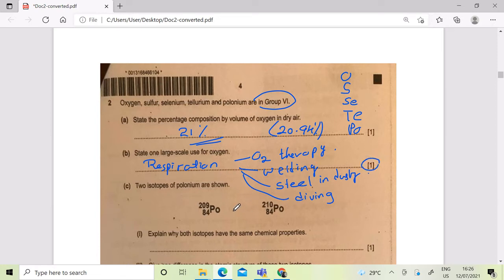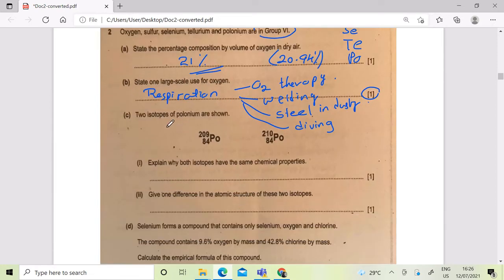Okay, moving to the other one, two isotopes. Isotopes are very fundamental discussions in your syllabus. Explain why both isotopes have the same chemical properties. So you should know chemical properties are mainly dealing with electrons or the basic electronic configurations.